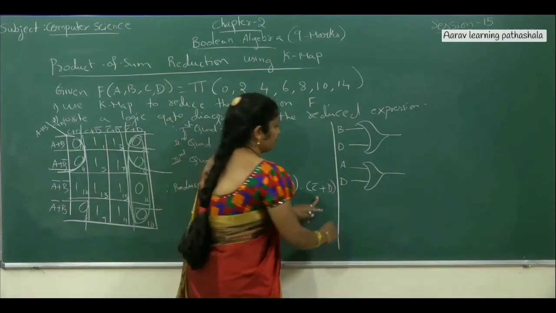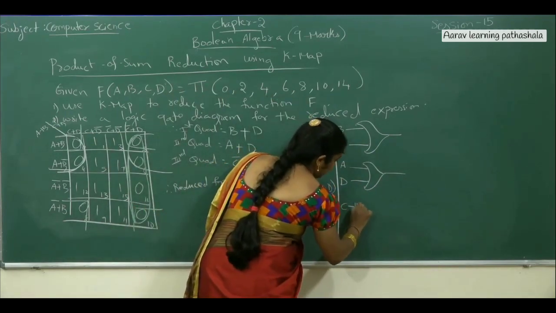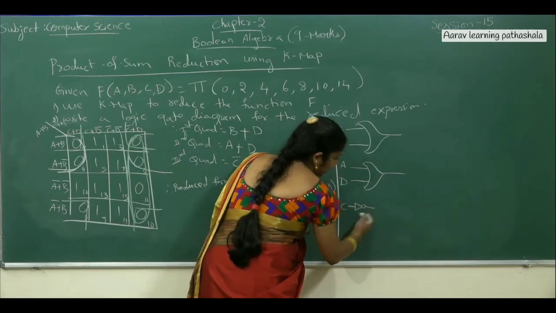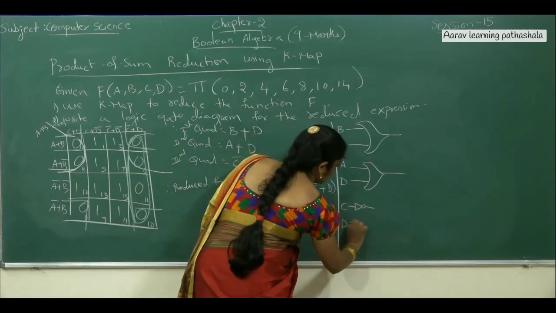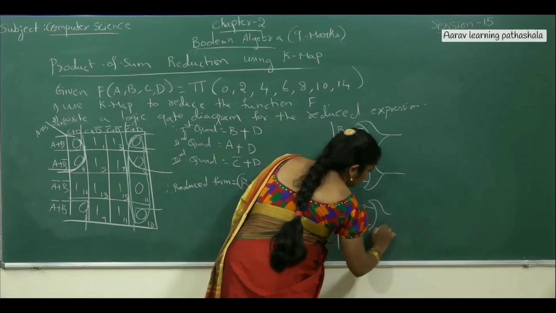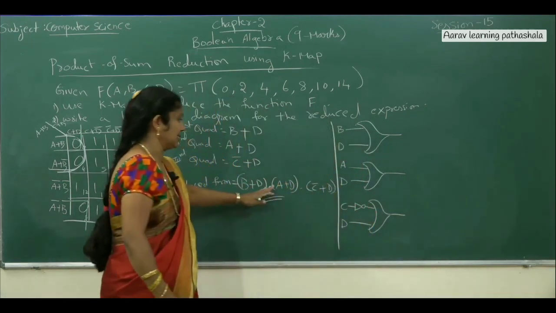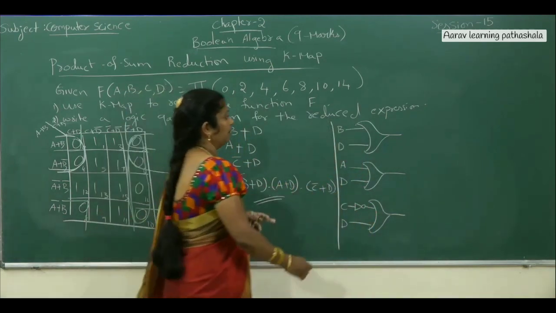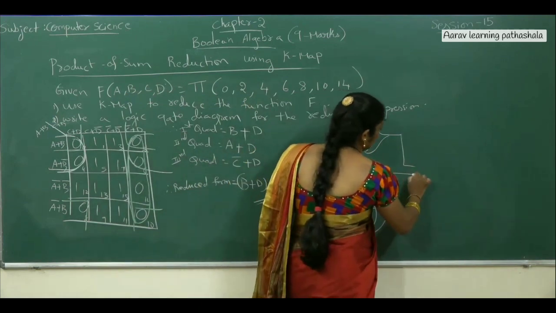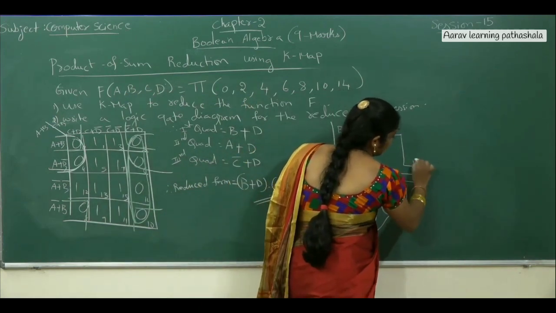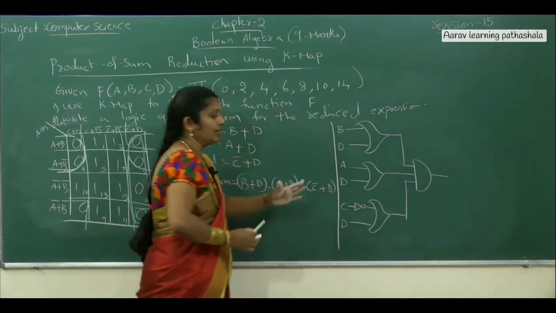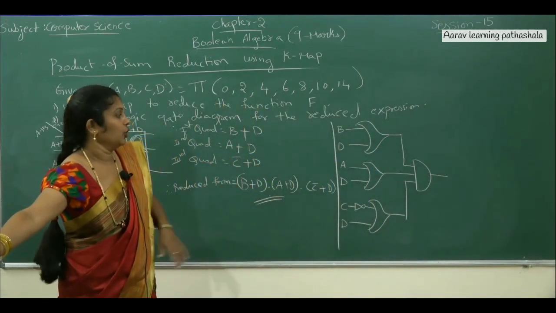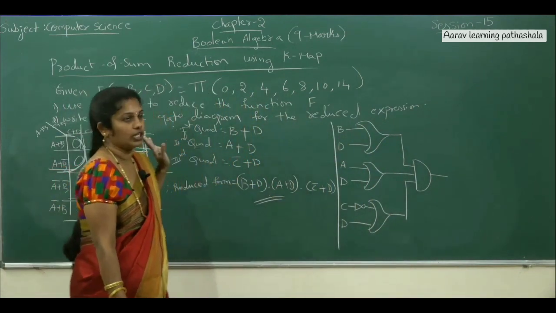Next C bar plus D, take down here C, but C bar here we have, that's why take it as C bar then D. Once again here C shape. All these are connected with dot operator, that's why connect all these with D shape. This is the final reduced circuit diagram for the given equation.